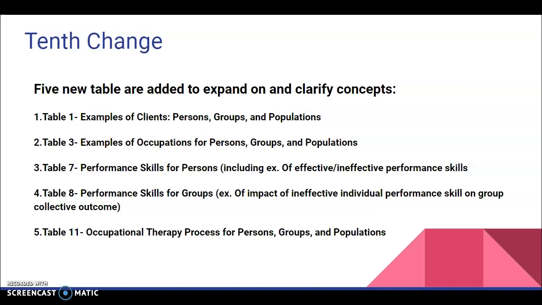And then table 8 is performance skills for groups, and specifically shows how the impact of ineffective individual performance can affect the collective outcome of the group. Table 11 is another table about groups, persons, and populations, and how the occupational therapy process works through those different groups.